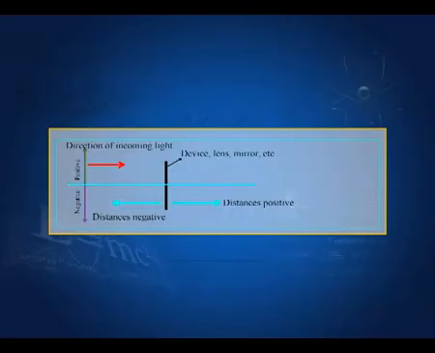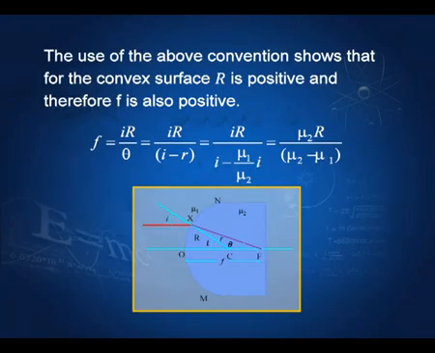And to remind you that we are using this convention, I have drawn it again in this figure. Light is coming from the left, all distances measured in the direction opposite to the light are negative, all distances in this direction are positive, all distances upward are positive, all distances downwards are negative. Now, the use of the above convention shows that for the convex surface to the medium mu 1, f is positive, f is in the direction of the light, therefore, this is positive.